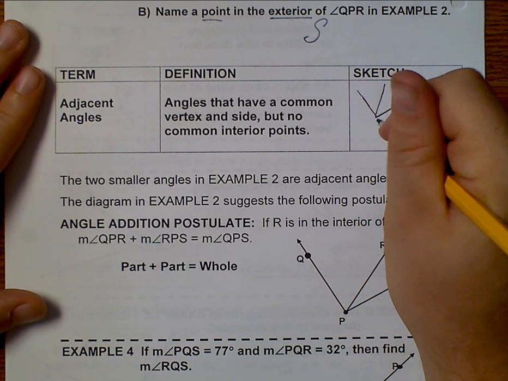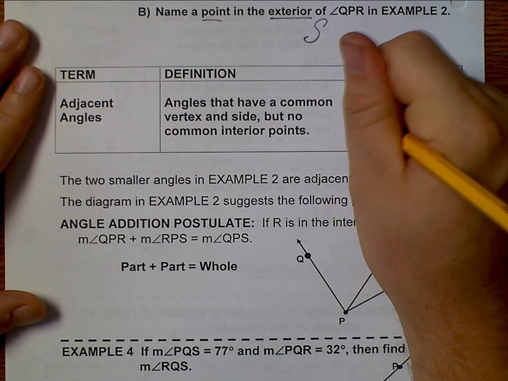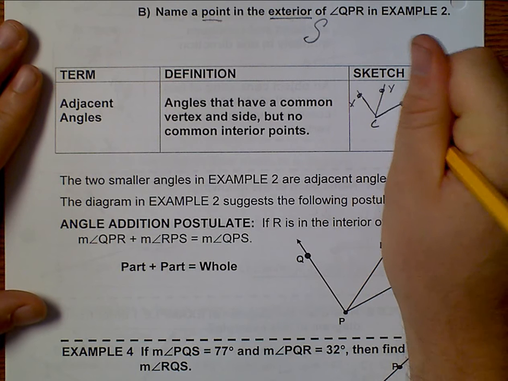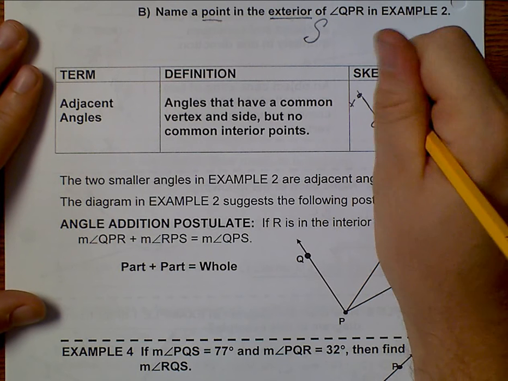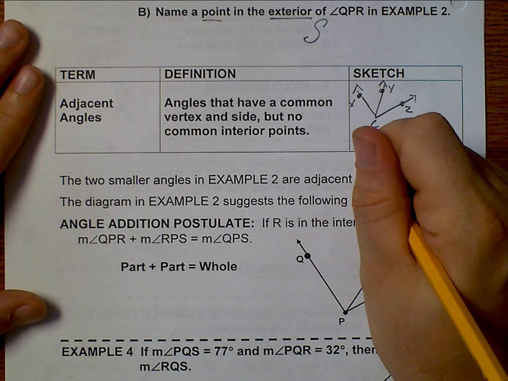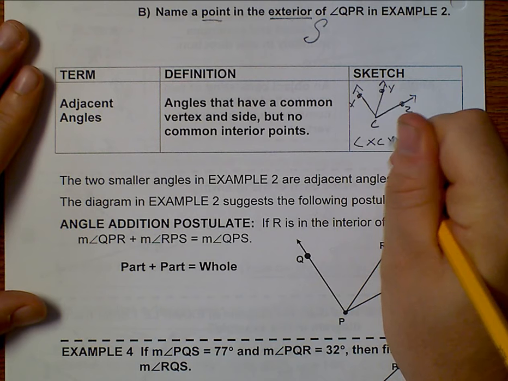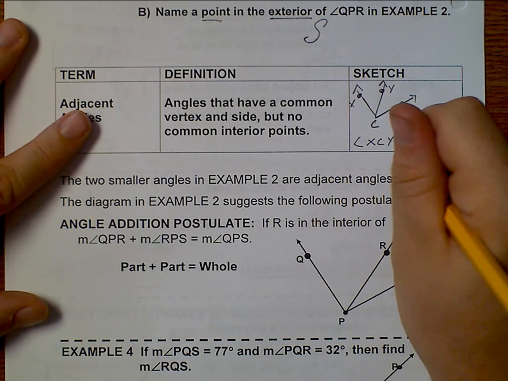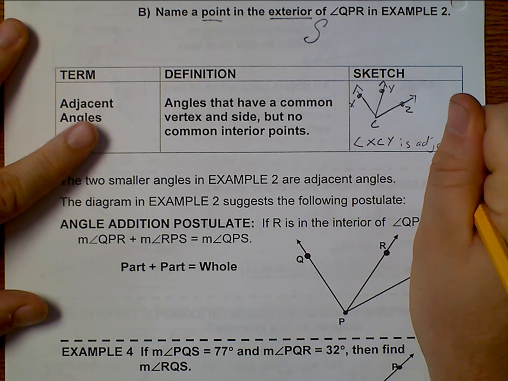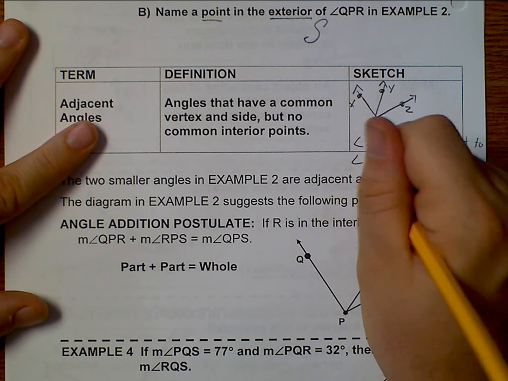So if I call that C, and X, Y, and Z, I would say that angle XCY is adjacent to angle YCZ.